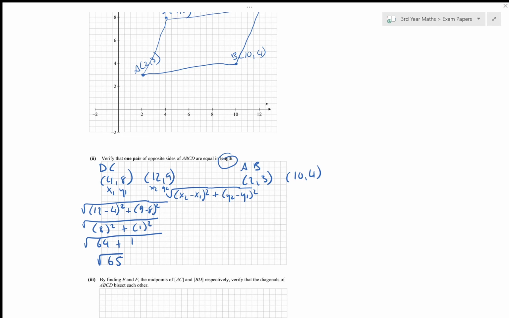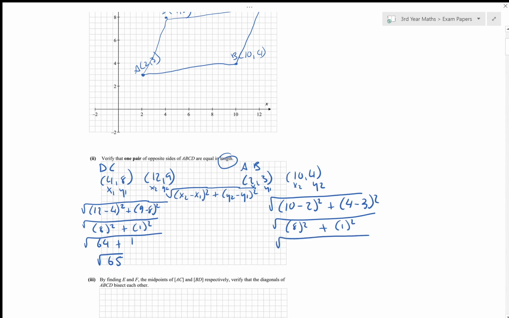We're going to do the same now with AB, x1, y1, x2, y2. So you've got the square root of (x2, which is 10, minus x1) squared, plus (y2 minus y1) squared. 10 minus 2 gives you 8 squared, 4 minus 3 gives you 1, and you square that. 8 squared is 64, 1 squared is 1, the square root of 65.